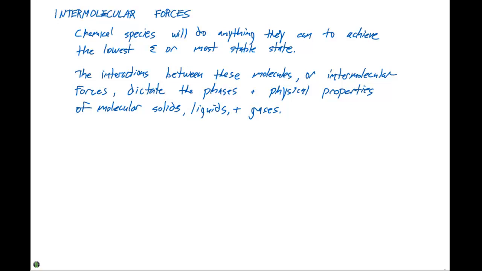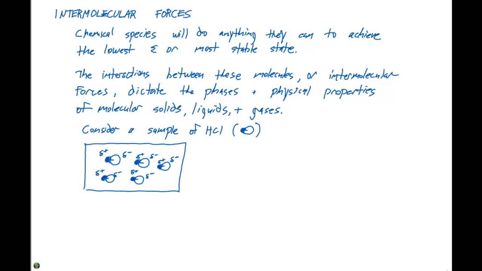So let's consider a sample of HCl. Here we have our sample of HCl, and we're just going to take a snapshot of an HCl solution here. So we have all of these HCl molecules floating around, and we can say a couple things about them. So the first is that a chemical bond forms between hydrogen and chlorine.